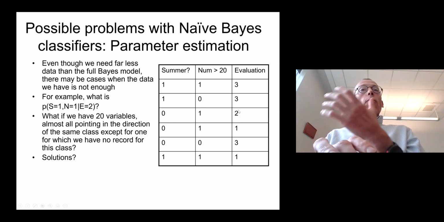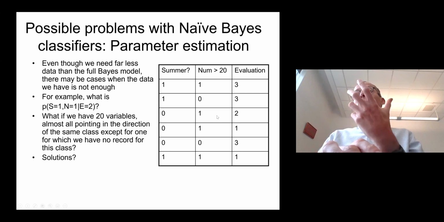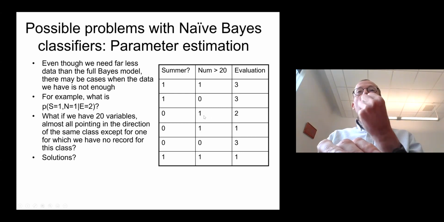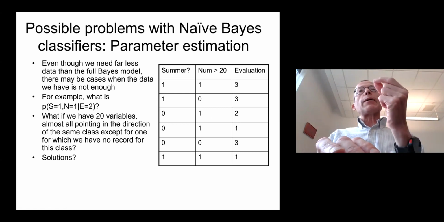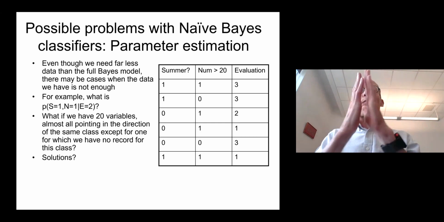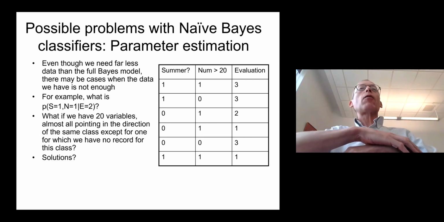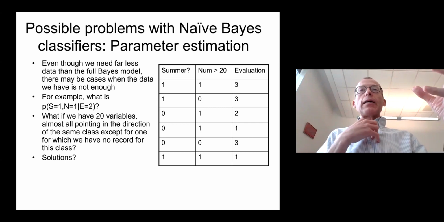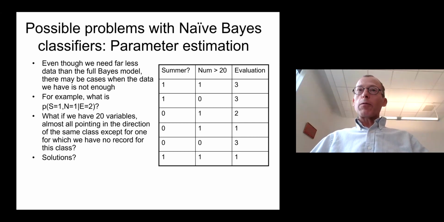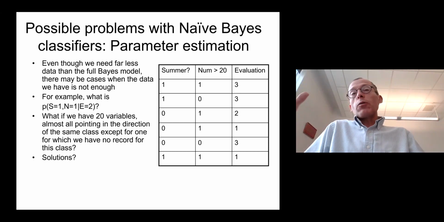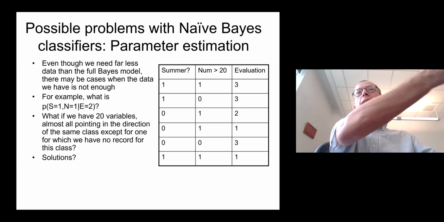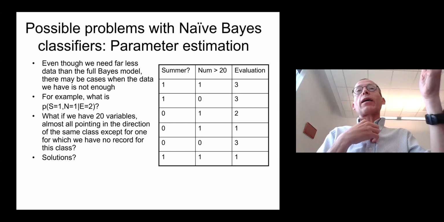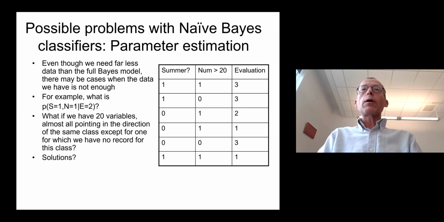Unfortunately, we only have one or maybe very few entries for this, and we only saw one value. So the probability of 1 is going to be 1, and the probability of 0 is going to be 0. The problem is once you have a 0 in your product, it doesn't matter what all the other features are, right? Once you have a feature that has a 0 probability, then the entire product is going to be 0. And that's dangerous because it could be that all the other features are pointing in the direction of class 1, but there's just one feature that you haven't seen a lot, and maybe this will give you a 0 value.